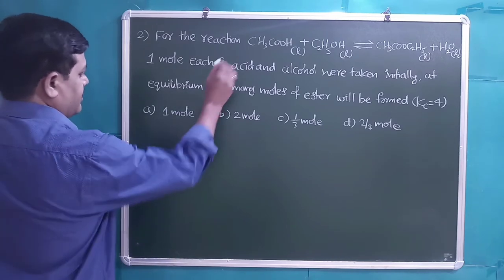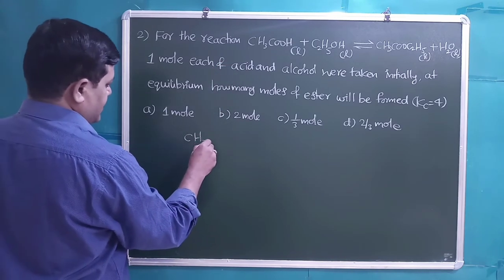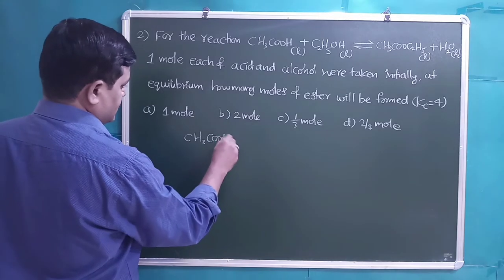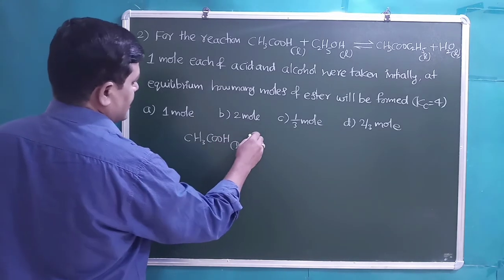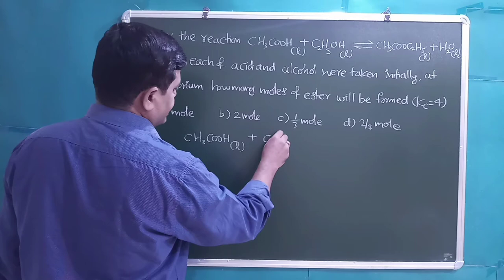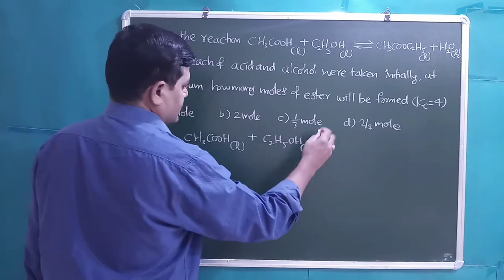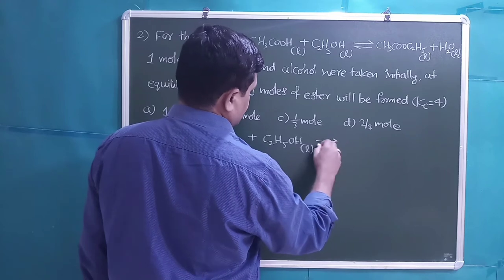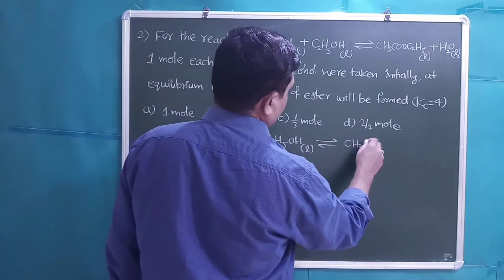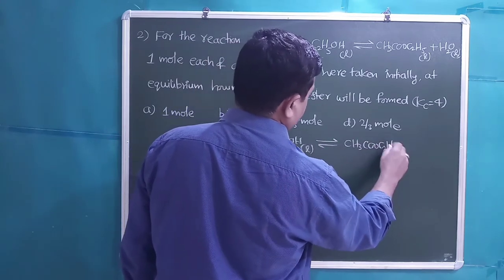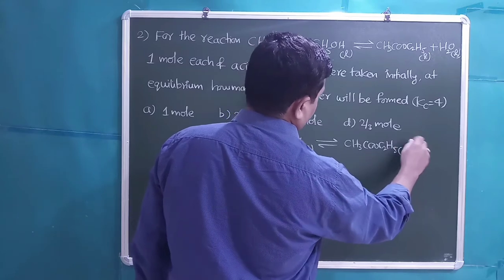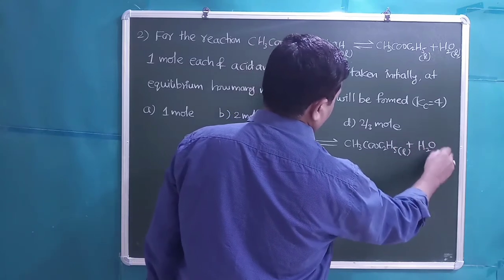Let us write the equation once again. CH3COOH, carboxylic acid, reacts with the alcohol C2H5OH liquid to give ester CH3COOC2H5 liquid plus H2O liquid.